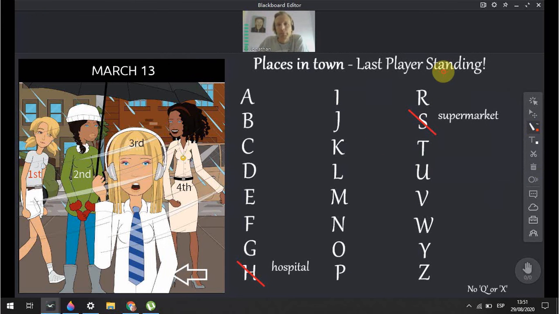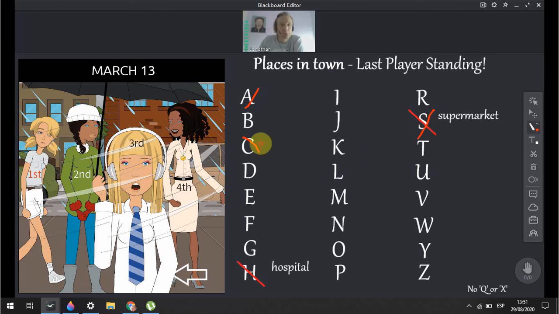You put two teams or two players and some sort of timer, and they just have to start telling you places in a town. So art gallery, chemist, square. Okay, you can use two, let's say, per letter.